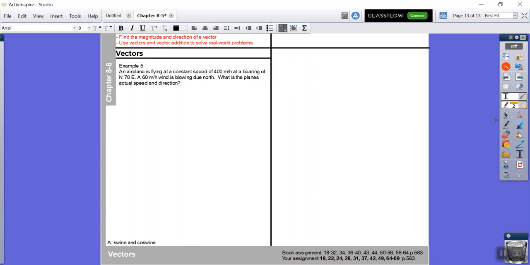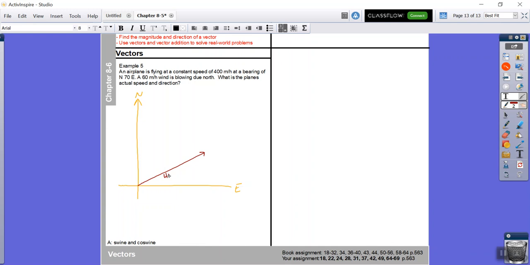So if this is due north, I'm going to have a vector line, and this is east, right? I have an airplane that is going at 400 miles per hour.